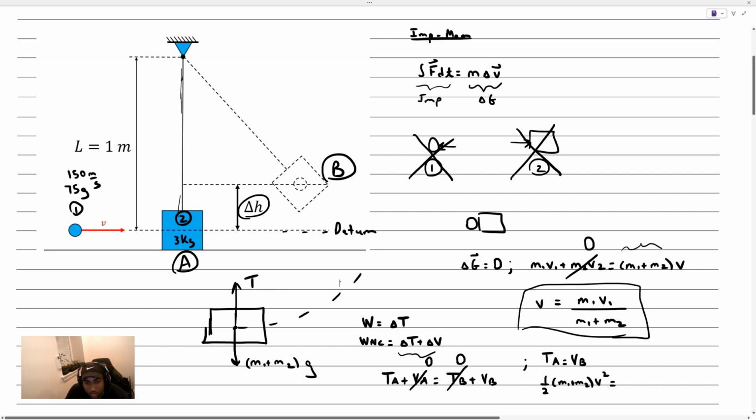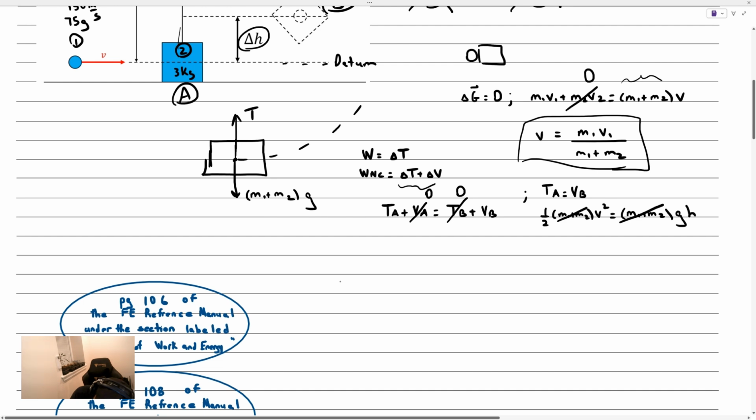That must be equal to the potential energy at B. The potential energy at B is mgh, where m is the sum of the two masses, gh. And you can see that the masses cancel on both sides. What we're left with is this final relationship where if we solve for h, which is this delta h here that we're really looking for, is essentially equal to v squared over 2g.